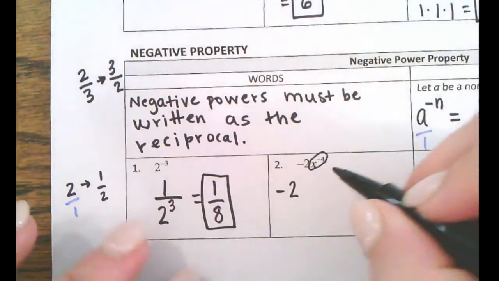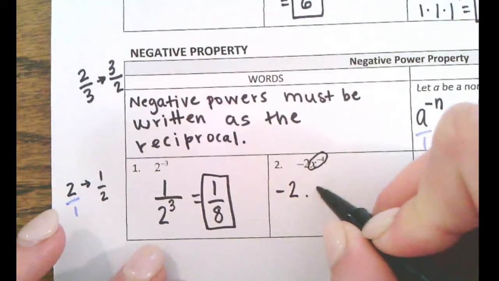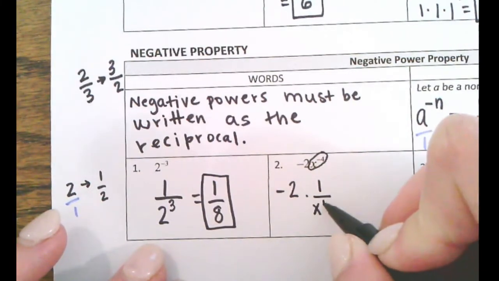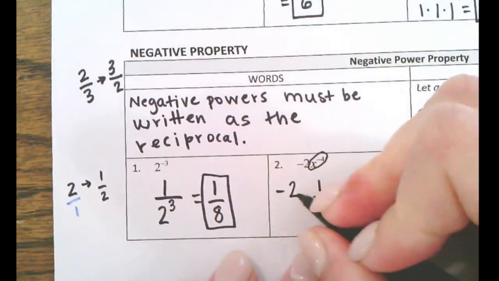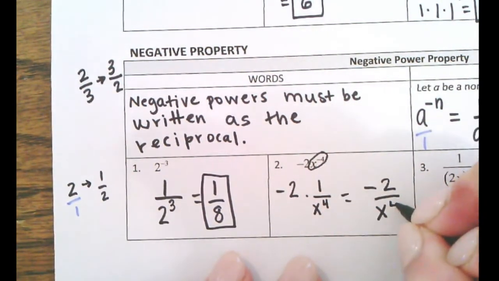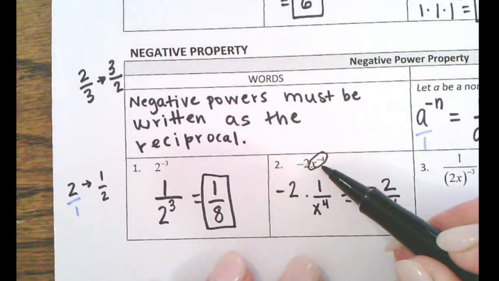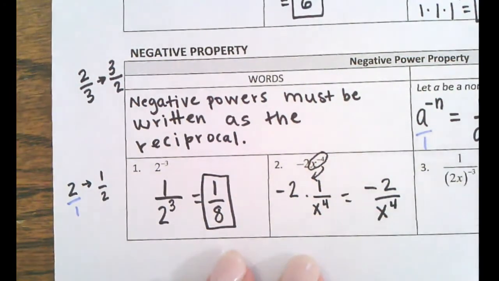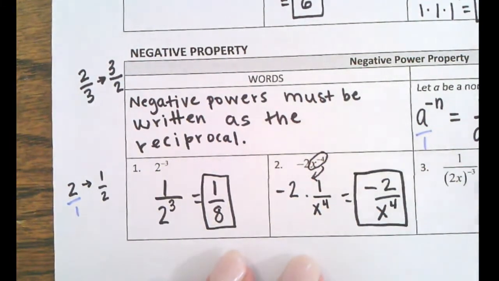And I'm going to reciprocate x to the negative 4 as 1 over x to the 4th. I'm going to simplify this problem by multiplying that top part as negative 2x to the 4th. So basically what I've done is I've taken this in the numerator and I've dropped it down to the denominator, and it becomes a positive exponent.